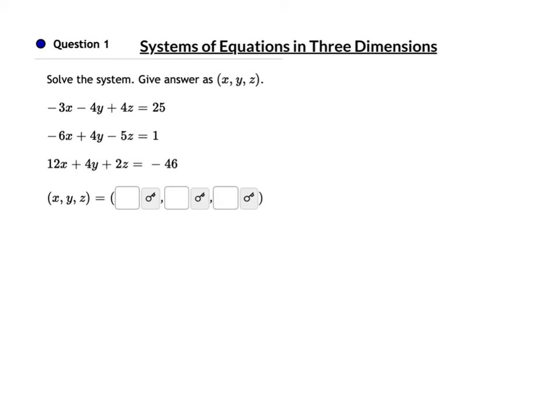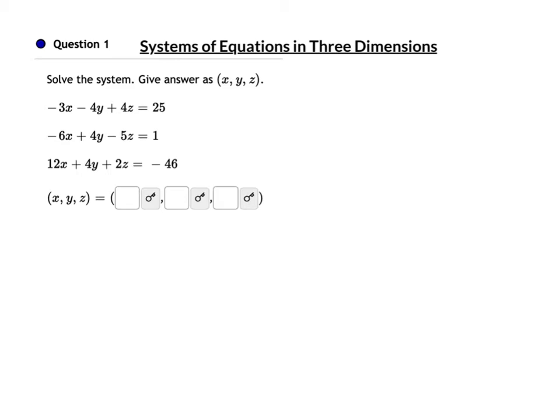Look at the y's. Those look nice because they're all the same number. That's going to be the easiest one. And just to point out, when you look at the z's, 4, 5, and 2, the common multiple is 20. The easy one to work with is going to be the y's. If I didn't use the y's, I would use the x's.